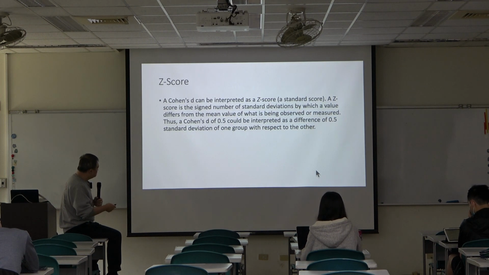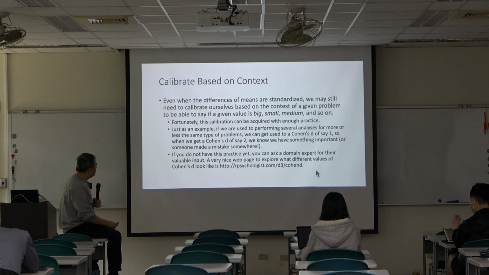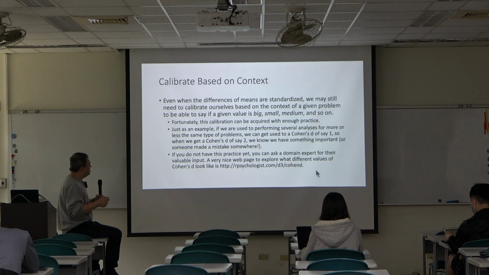When the differences of mean are standardized, just like Cohen's D, we may still need to calibrate ourselves based on the context of a given problem to be able to say if a given value is big, small, or medium.